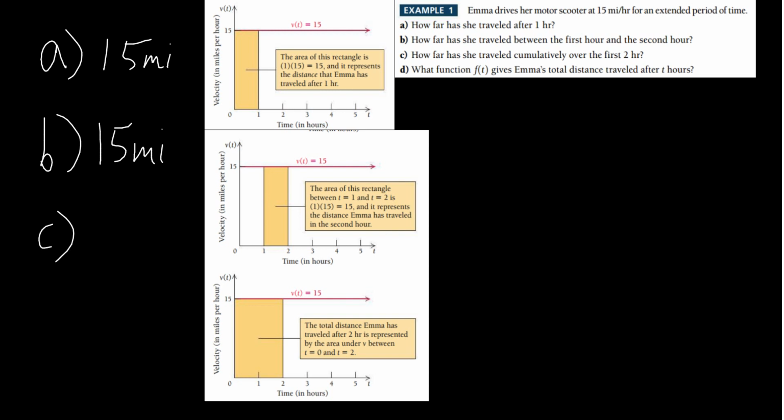And then C, how far has she traveled cumulatively over the first 2 hours? Easy math, but let's do the arithmetic, looking at the area of this rectangle. From 0 to 2 is 2 units, and from 0 to 15 is 15 units. Length times width, 2 times 15 is 30, so she's traveled 30 miles in 2 hours.